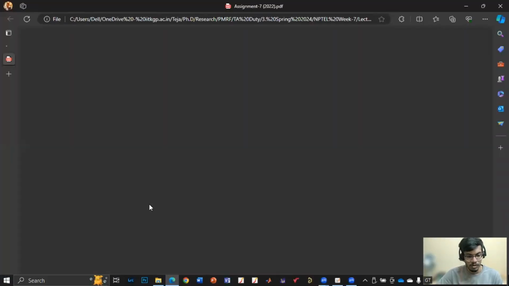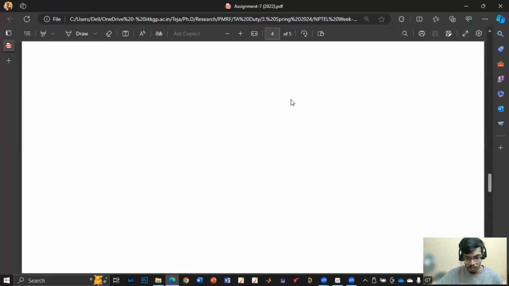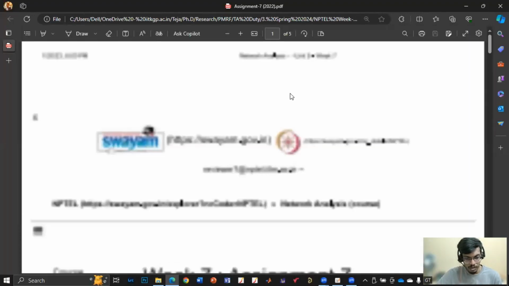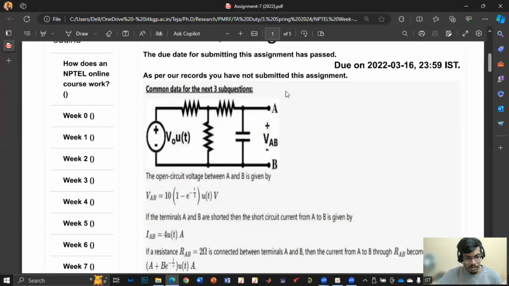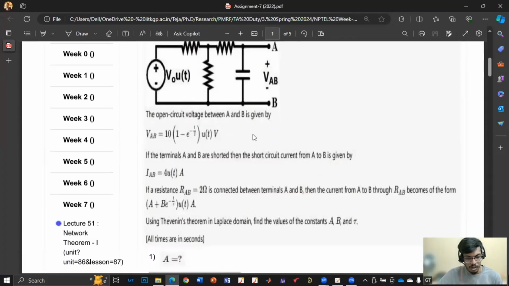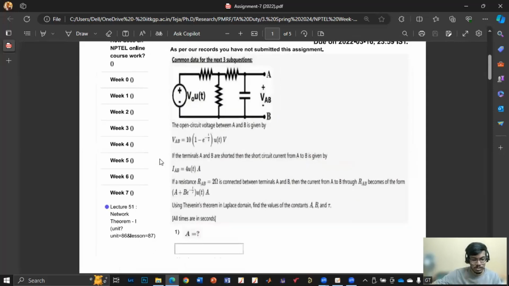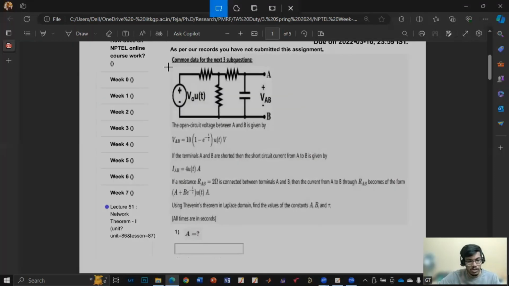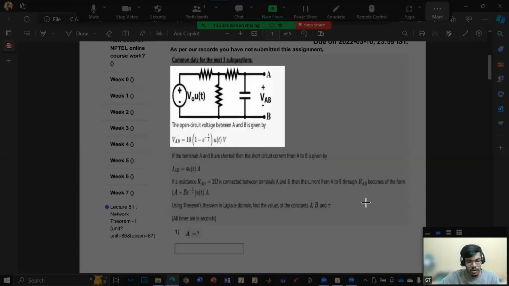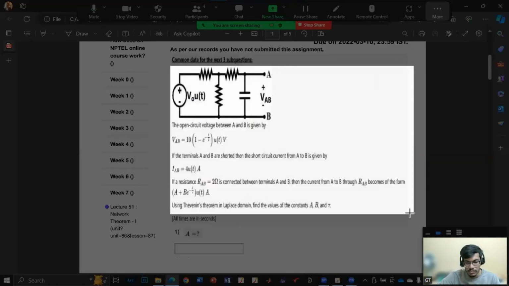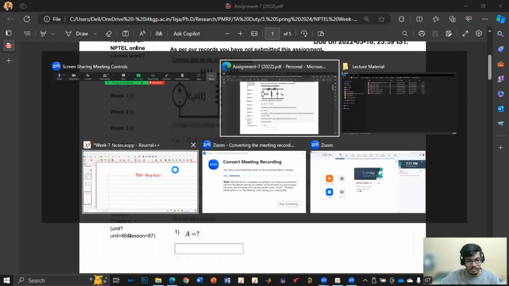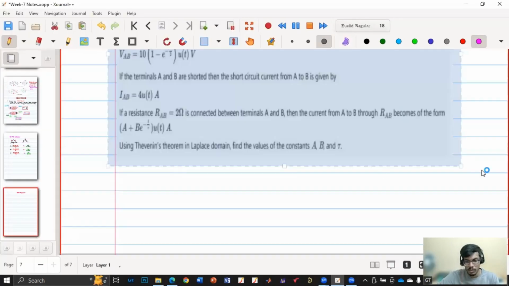We'll open our previous assignment and we'll solve a few problems. So the first problem is, yeah, this is our first problem. Let me just copy. It is based on Thevenin's theorem. So this is our problem one.